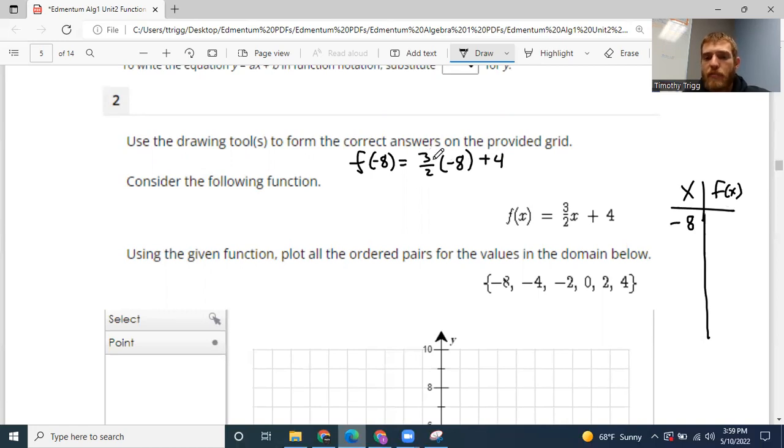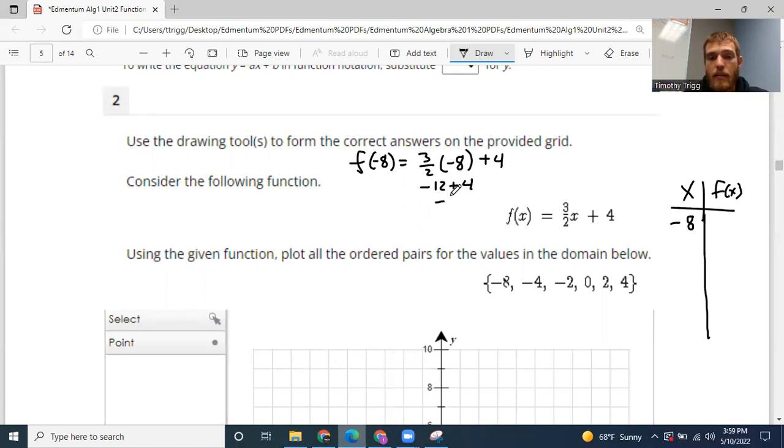How do we multiply a fraction times a whole number? Well, we've done it already a ton during this class so far. You take the whole number, multiply times the top, divide by the bottom. So negative 8 times 3, which is negative 24, divided by 2 is negative 12. Then we also have a plus 4 here.